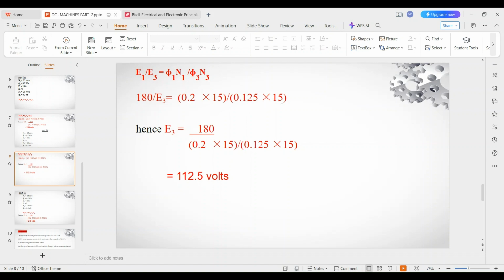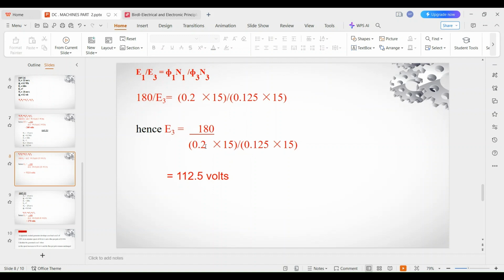Speed here remains unchanged, as the question says. Therefore, when we make E3 the subject of the formula, we shall get 180 divided by 0.2 times 15, all of this divided by 0.125 times 15.